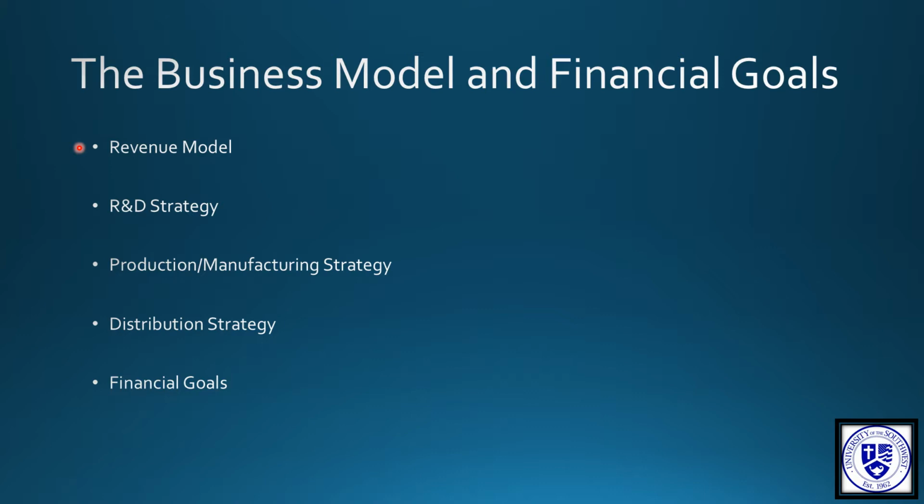With this innovation or with this new product or service or new business, if you're creating a business plan, we have to be able to demonstrate where this particular idea or concept or innovation, where and when it's going to generate revenue.